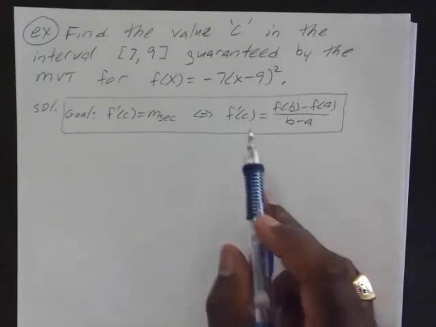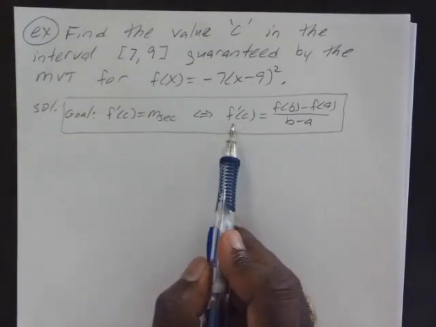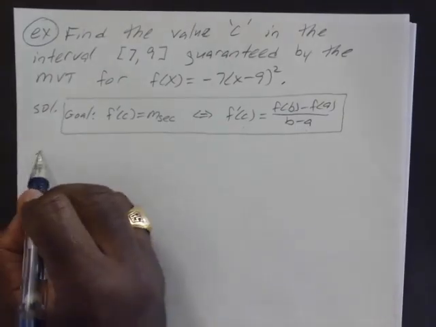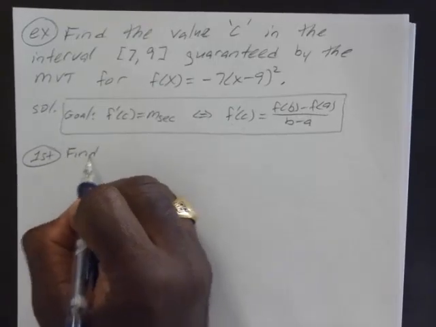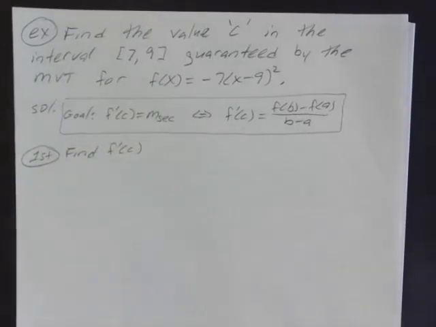Okay. And you can start with either side. I always just start with f prime of c. So first, we want to find f prime of c.